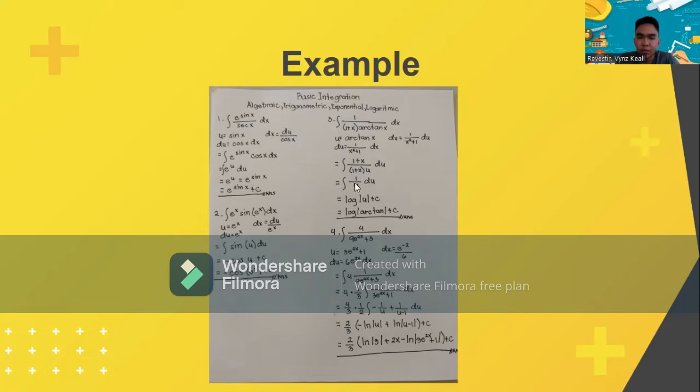So the integral of 1 over u du. 1 over u integrates to the logarithm of u plus c. Substitute back u to arctan x. So equals log of arctan, oh I forgot the x, sorry. But the answer is the log of arctan x plus c.